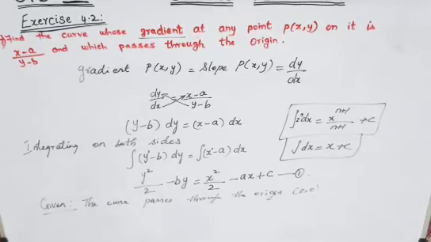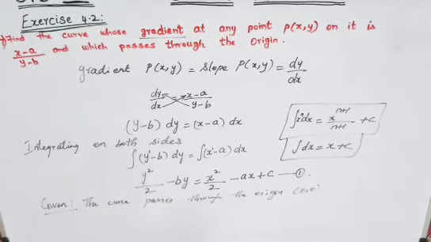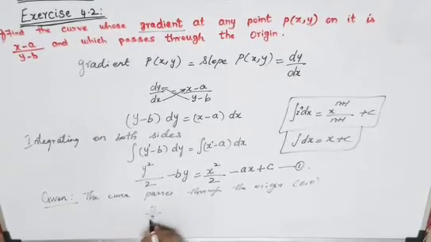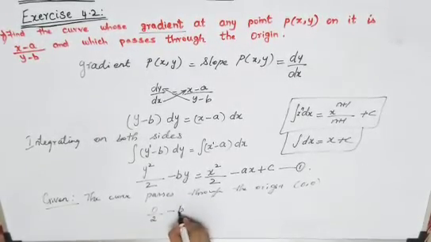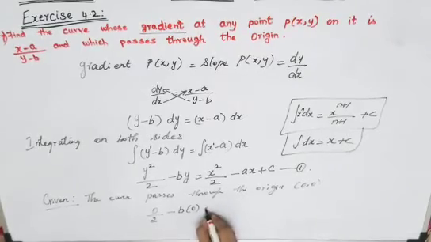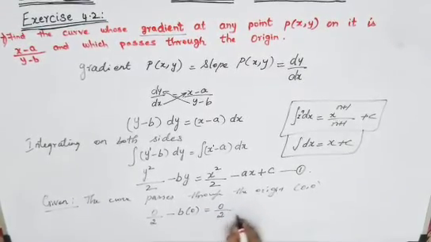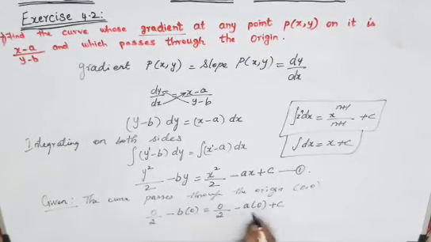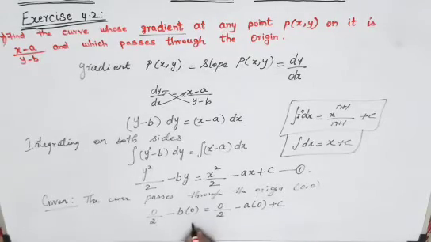So for x and y we substitute 0, 0 in equation 1. So 0 divided by 2 minus b into 0 is equal to 0 divided by 2 minus a into 0 plus c. Altogether all the terms become 0, only c will be there. So c is equal to 0.